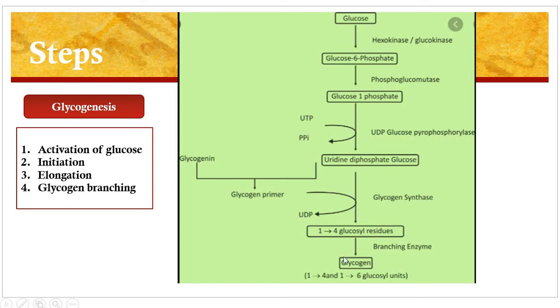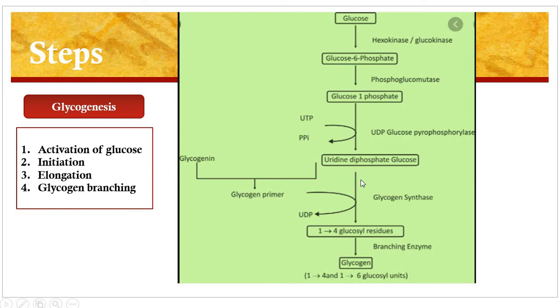To this newly created residue, further glucose units can be added by alpha 1,4 linkage by glycogen synthase, and this step is known as branching. And the branching enzyme which is required is known as glucosyl transferase, or we can say glucosyl 4,6 transferase. And after the branching, we get a glycogen molecule with 1,4 and 1,6 glycosyl units.